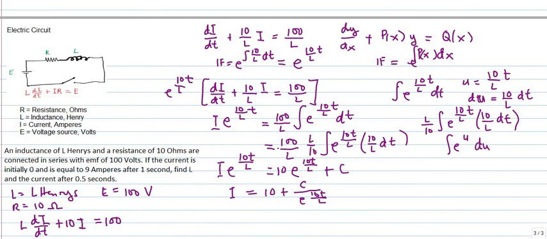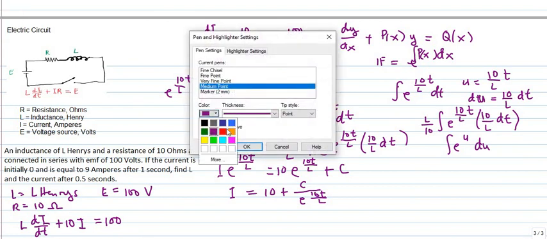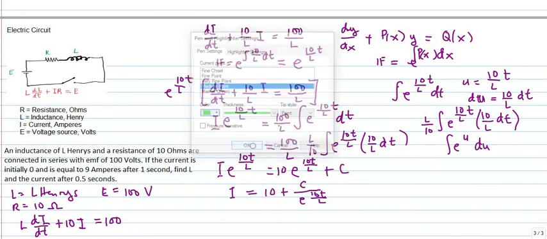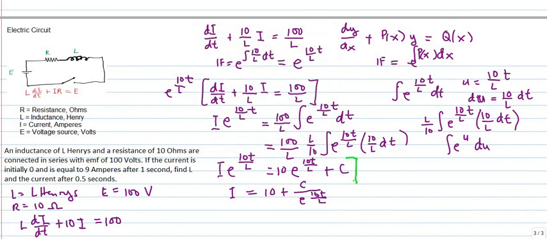If we multiply the value we have here, I will write our multiplier. Let's say we will multiply it by 1 over e raised to 10t over L. So cancel.